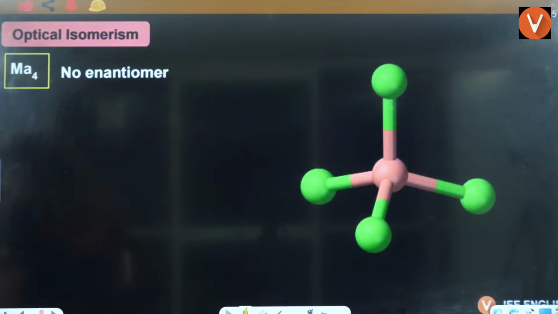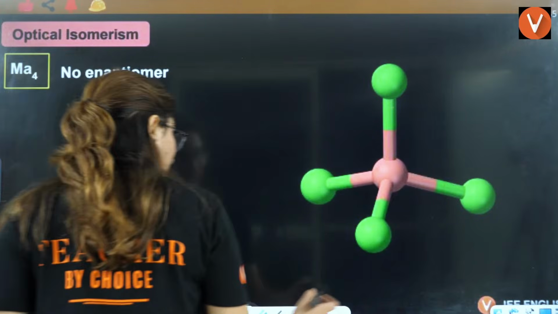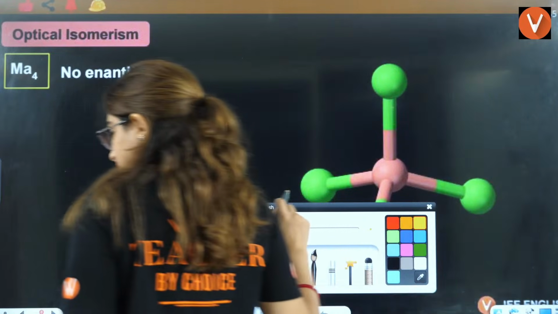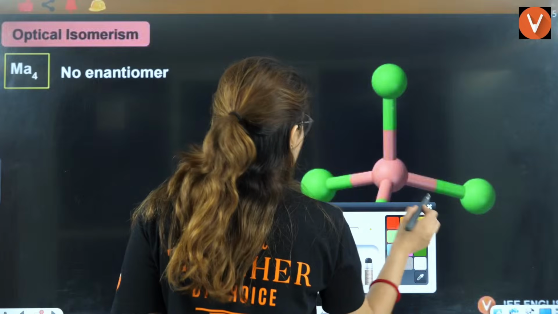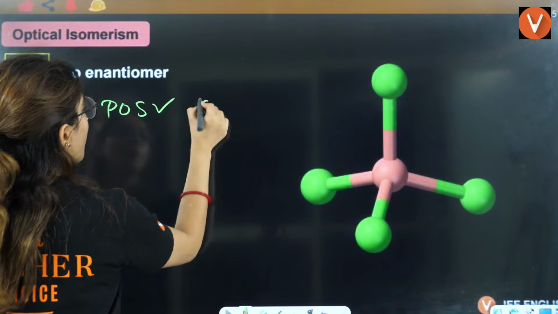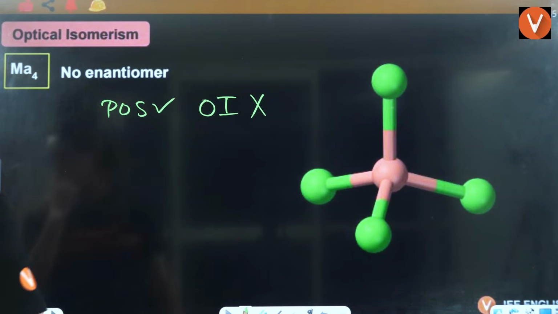If it is slicing them into equal halves, that means plane of symmetry is present. So we can say POS is present, optical isomer will not be present. Right, everybody?